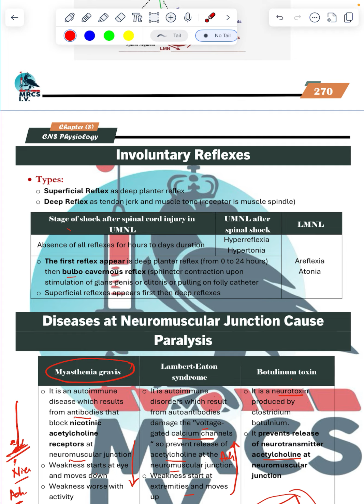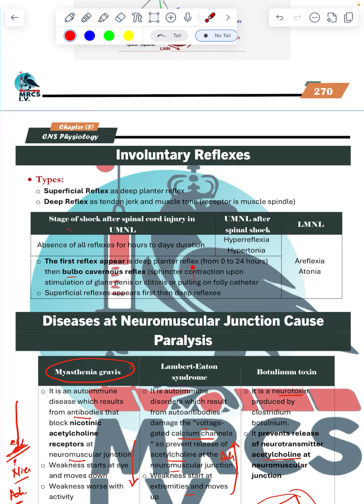The first reflex to appear is the deep plantar reflex, at 0 to 24 hours. Then the bulbocavernosus reflex: sphincter contraction upon stimulation of the glans or clitoris, or pulling the Foley's catheter. Superficial reflex appears first, then deep reflex. What is the plantar reflex?